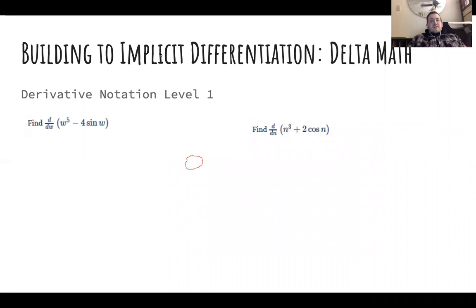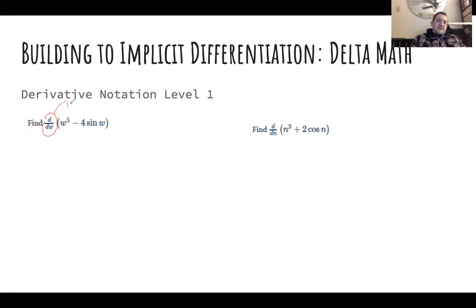All right, so your first exercise today is derivative notation level 1. What makes implicit hard for some people is what these symbols mean.